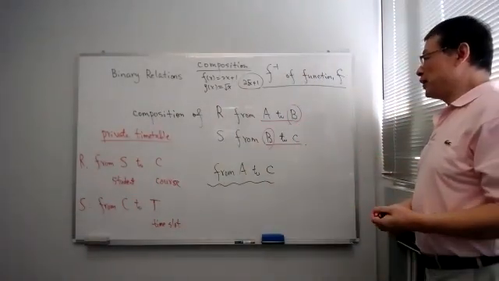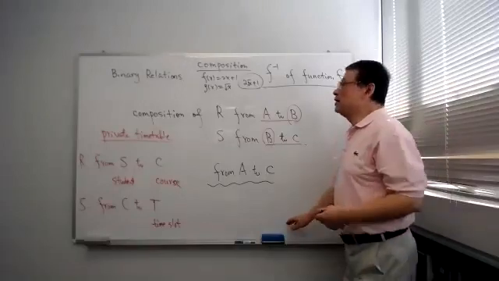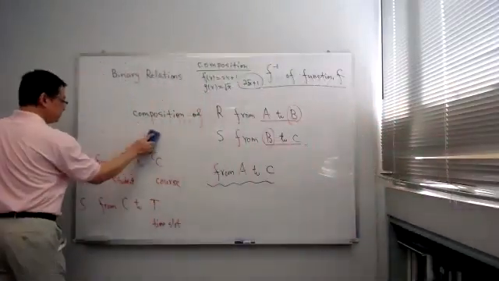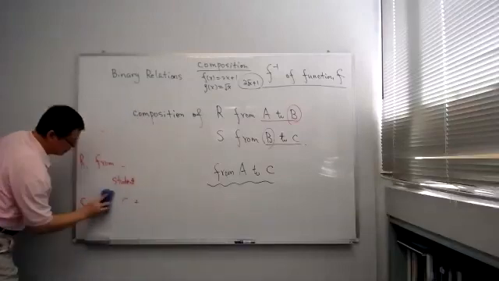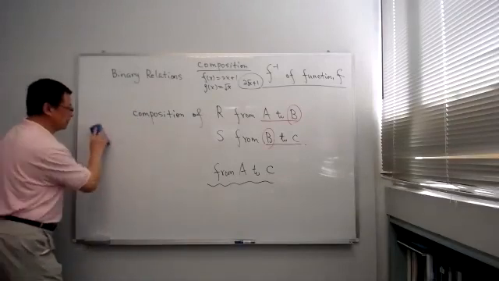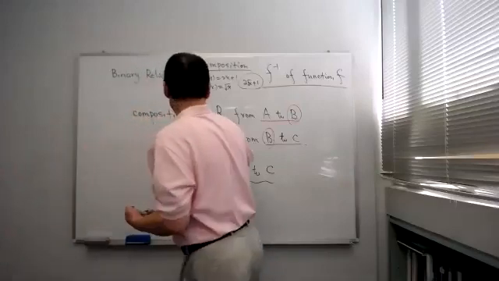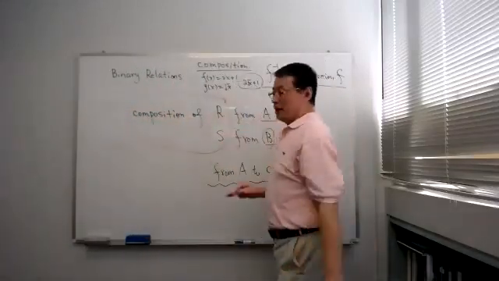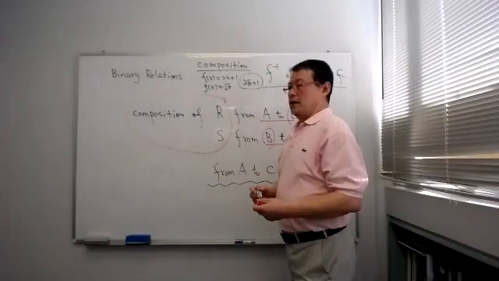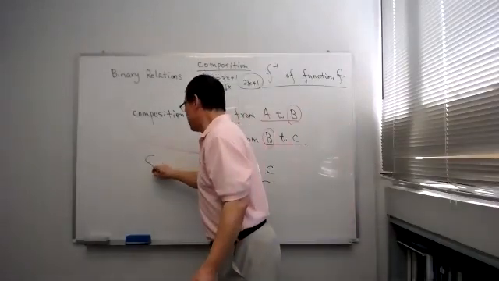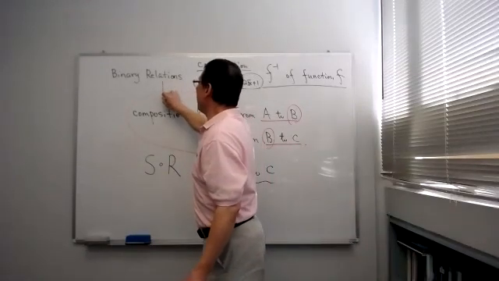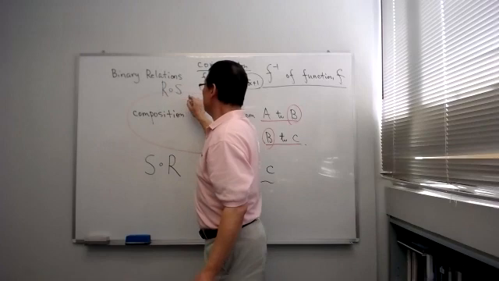So that's a combination of two relations. Notationally, be careful with notation. There are reasons for it. Notationally, the composition of R and S, we use S small circle R instead of RS.